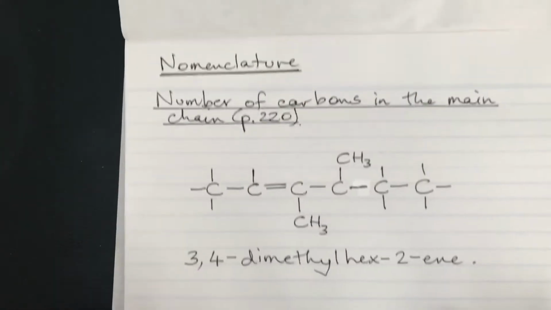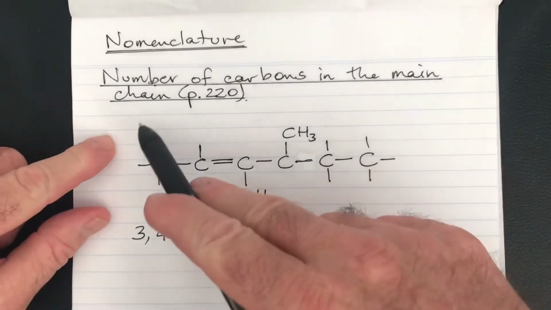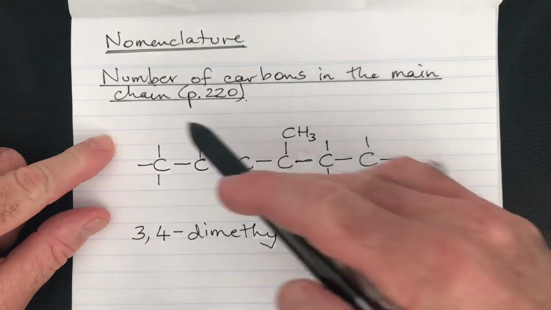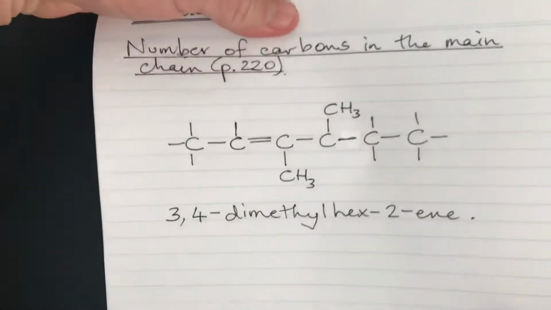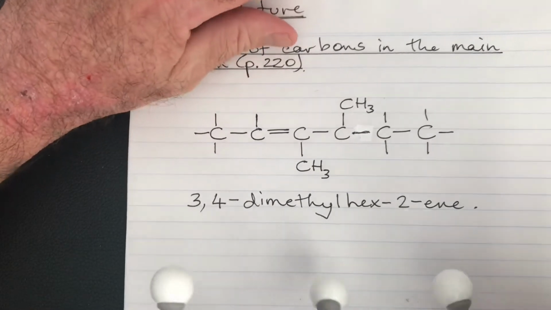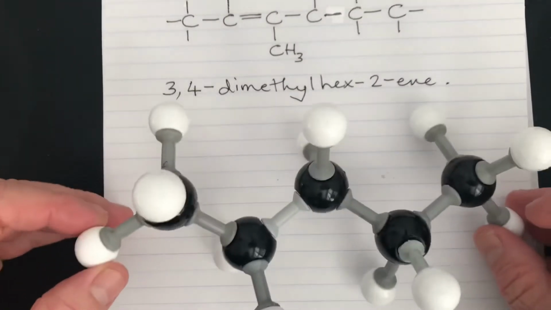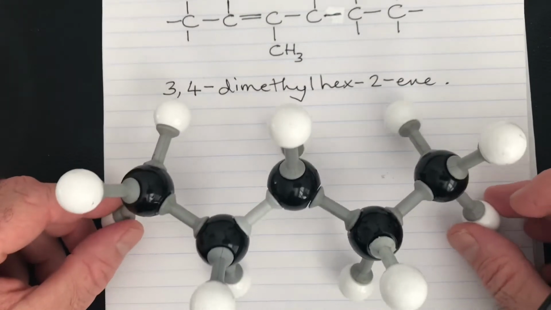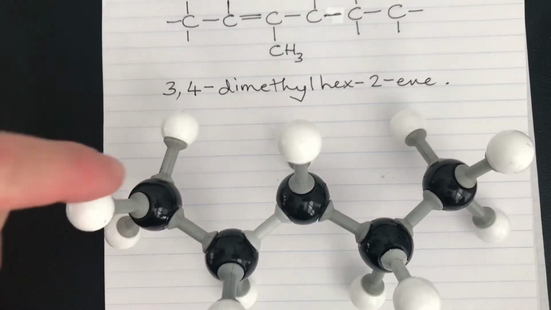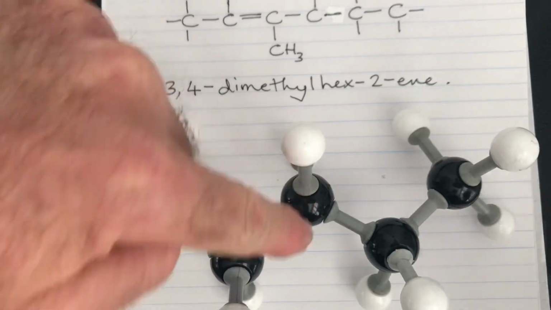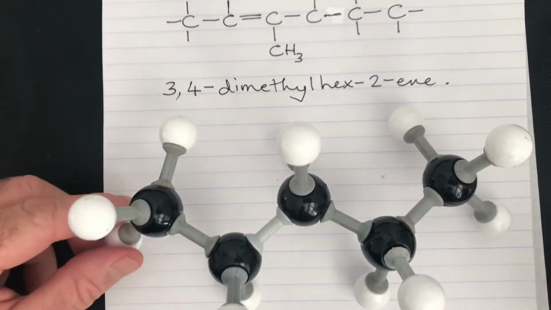Well, let's start with one of the rules. One of the rules to do with naming has to do with the number of carbons in the main chain. And this is on page 220 at the bottom. So let's take this molecule, for example. This is pentane. It's called pentane because there are 1, 2, 3, 4, 5 carbons in it.